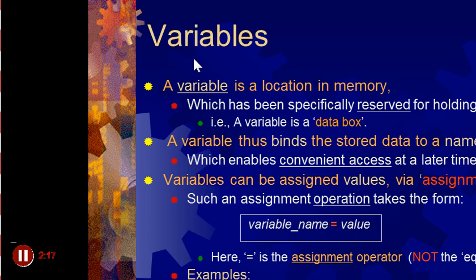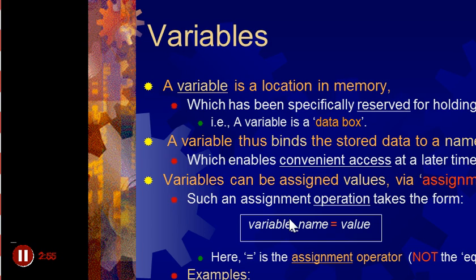So a variable is a location in memory, which has been specifically reserved for holding some specific data, i.e. a variable is a data box. Okay, so that makes sense. A variable thus binds the stored data to a name. Okay, so we can use the word binds. So we can say a variable thus binds the stored data, this 15, to the name X, this 10 to the name Y. Okay, we could say that, I guess.